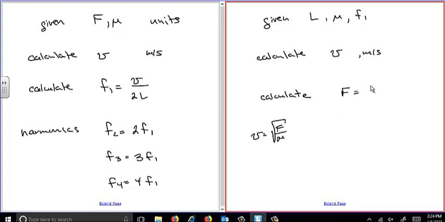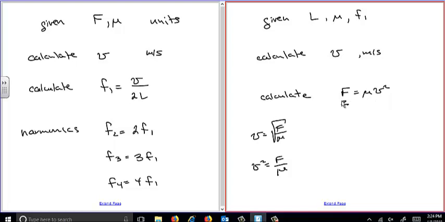So if you squared things, you get V squared is equal to F over mu, or F is equal to mu times V squared. So that way you can figure out what tension you need for a given weight string.